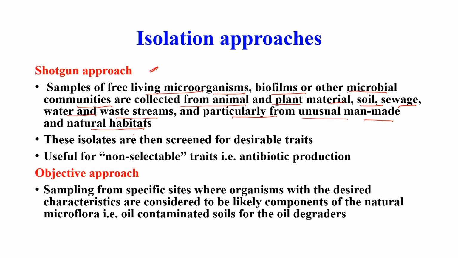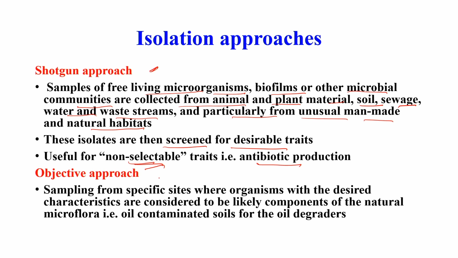So, you select any location where you can collect a sample and isolate. Then these isolates are screened for desired traits, and this approach is useful for non-selectable traits, for example, antibiotic production.